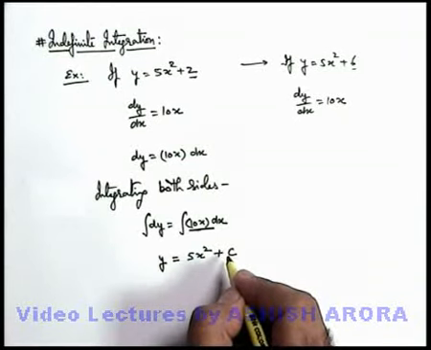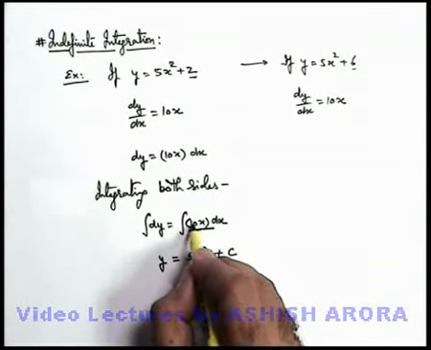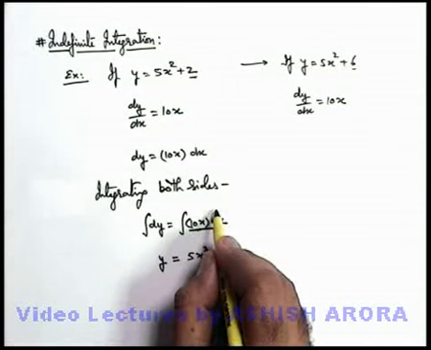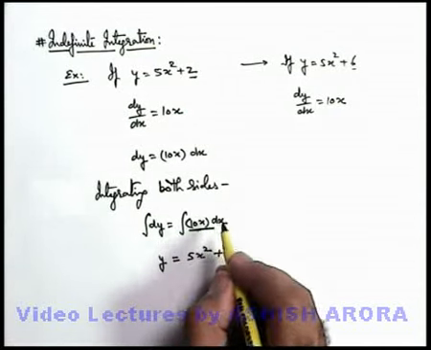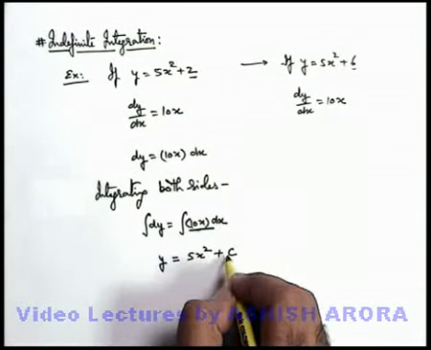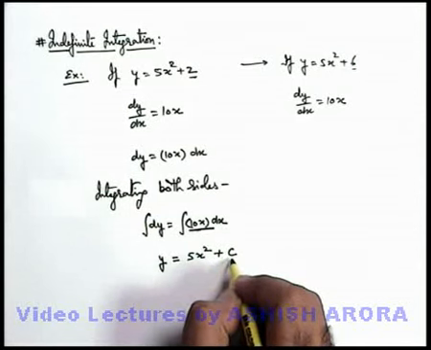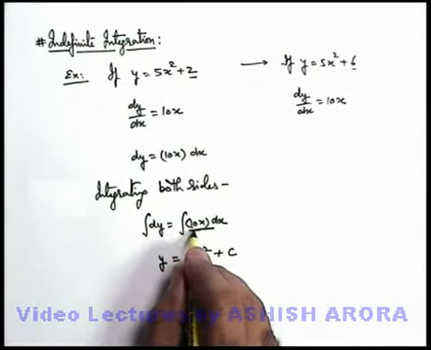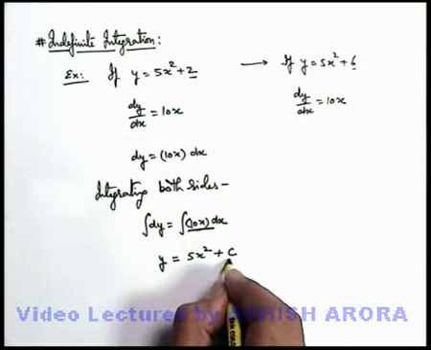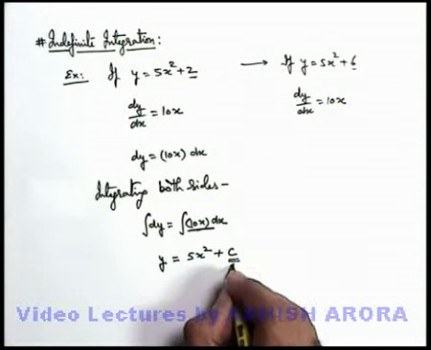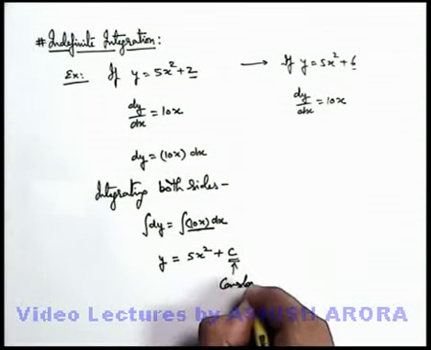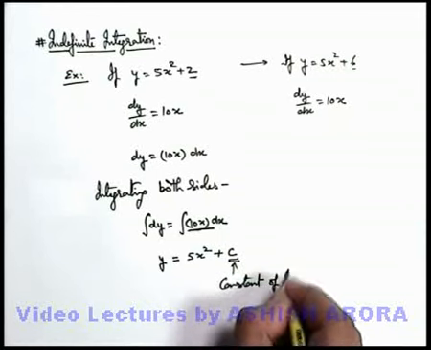We can take any constant because we can consider it as 10x plus 0, and as 0 is the differentiation of a constant, its integration will result in just a constant. In any case, whenever we integrate something, the result must contain some constant which we call the constant of integration.